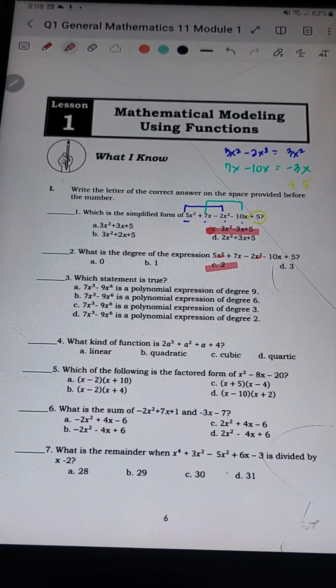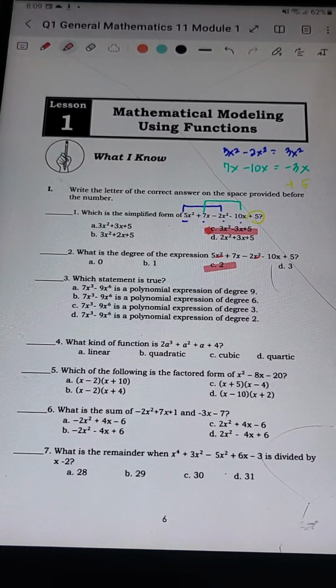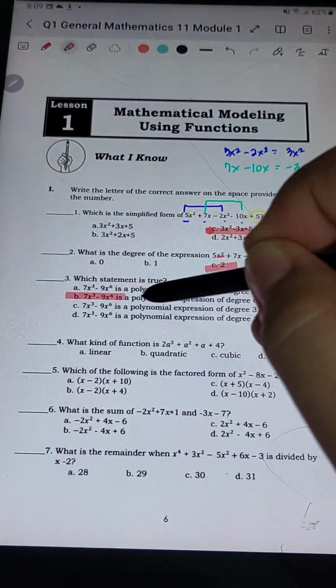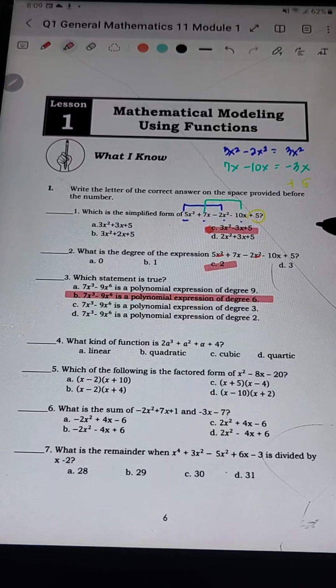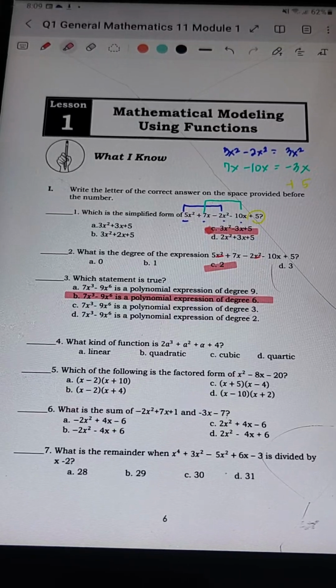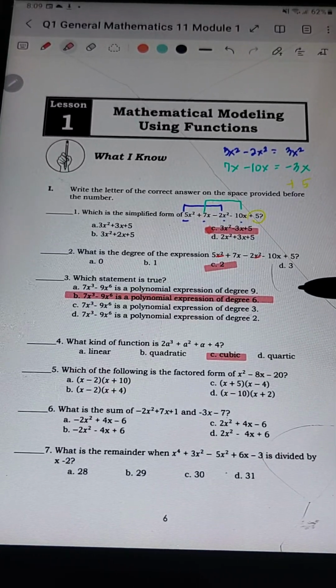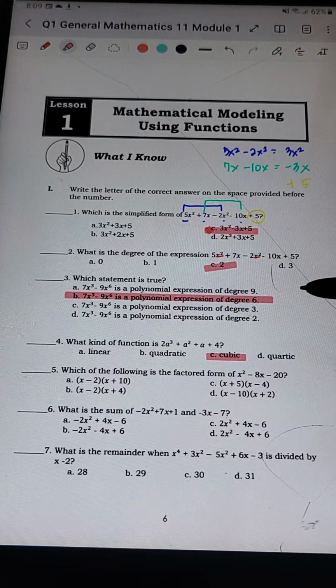Okay, how about number 3? Number 4, what kind of function is 2a cubed plus a squared plus a plus 4? And the answer is, okay, cubic. Correct. 5. Which of the following is a factored form of x squared minus 8x minus 20?